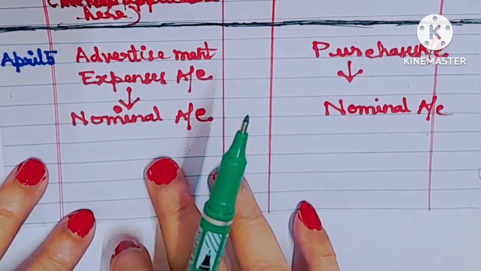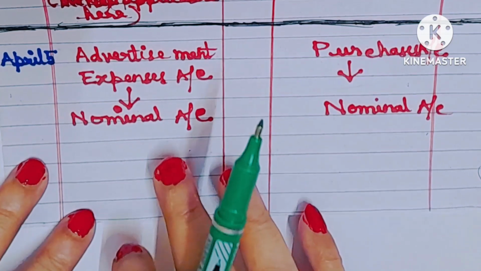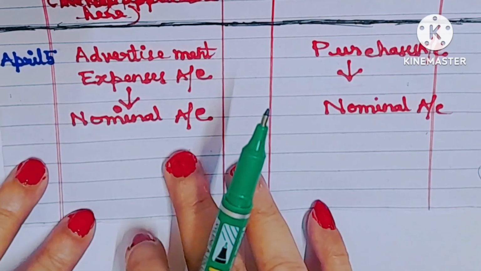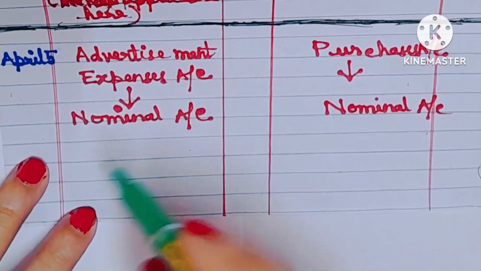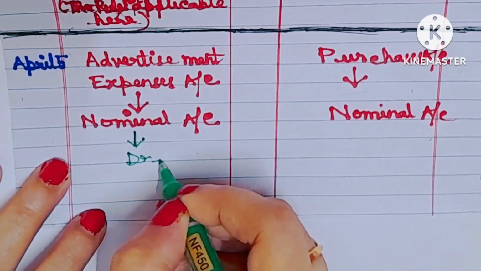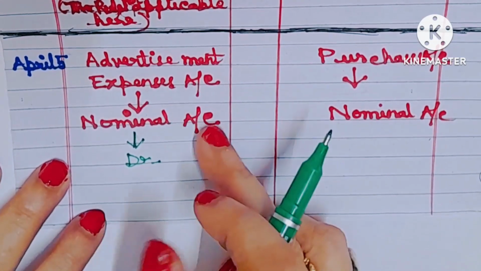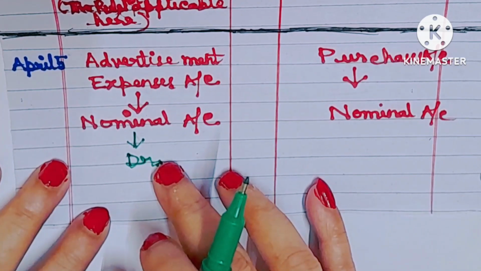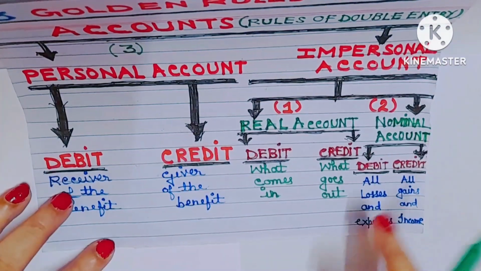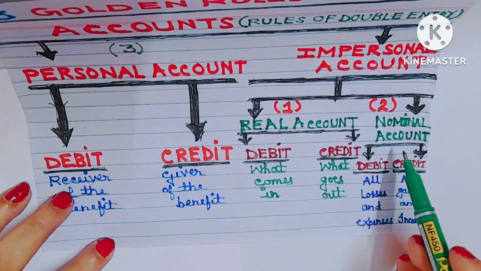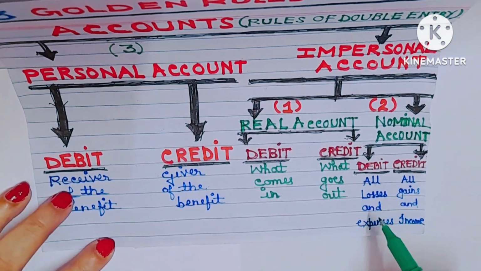And according to the rule of nominal account, all losses and expenses debit. So advertisement expenses account should be debit. Let me show you the chart. See, according to the nominal account, all losses and expenses debit.